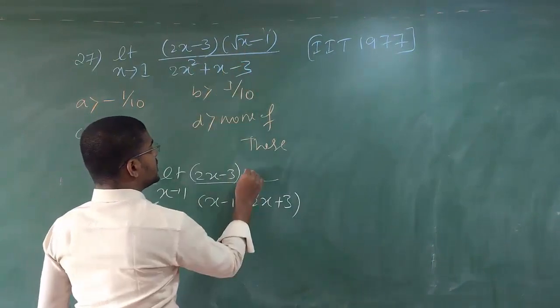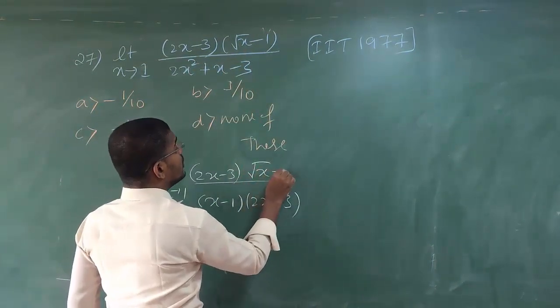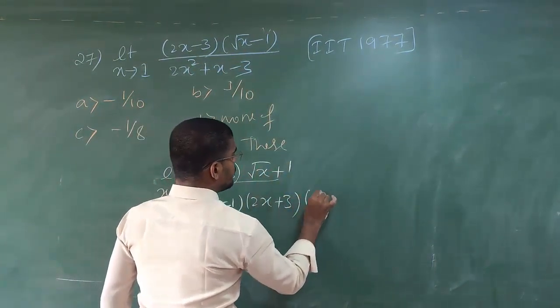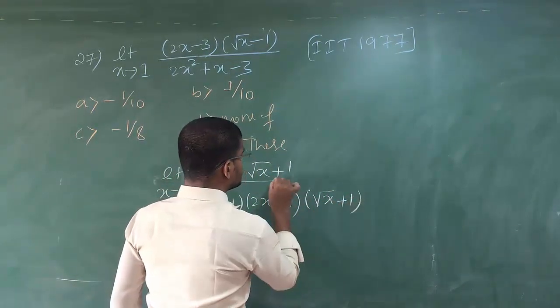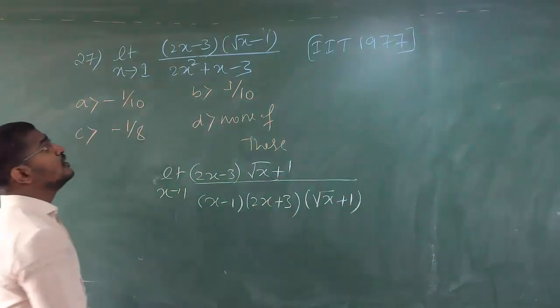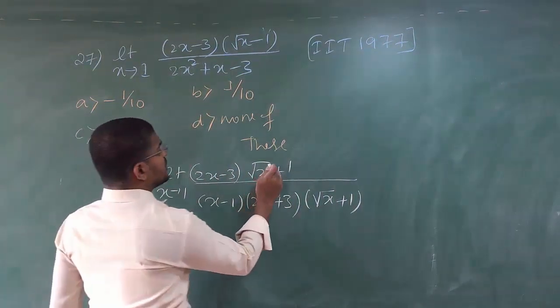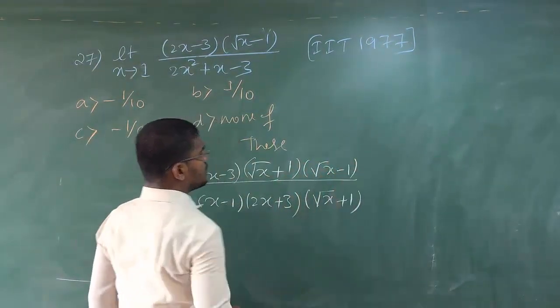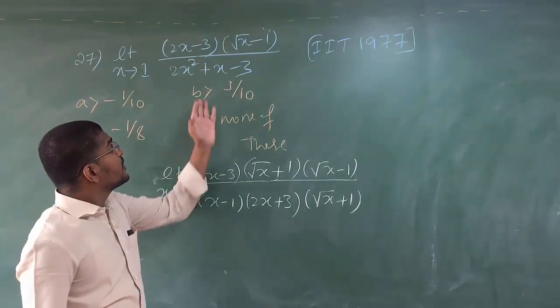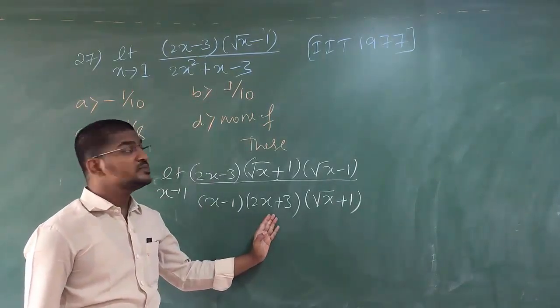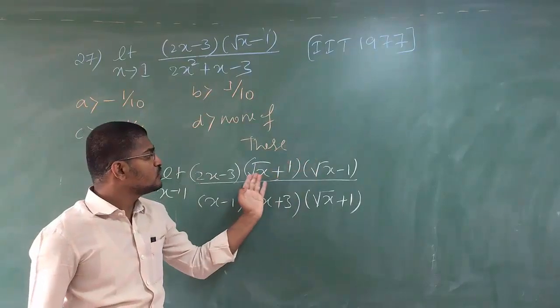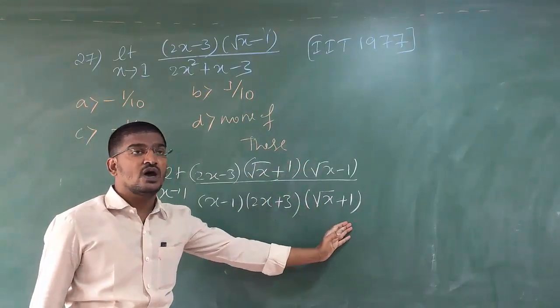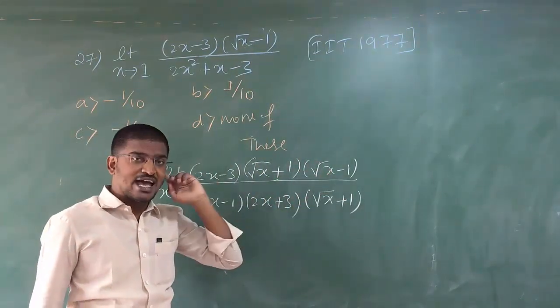If I rationalize it, it will be root of x plus 1 divided by root of x plus 1. Clear? So that for x plus 1 into root of x minus 1. See, after factorizing this, you are going to have these two terms. If I rationalize this, you are going to have root x plus 1 divided by root x plus 1. This root x minus 1 as it is.